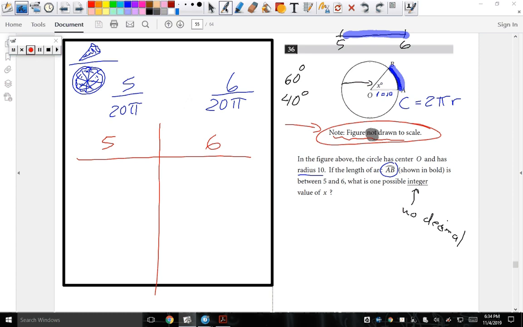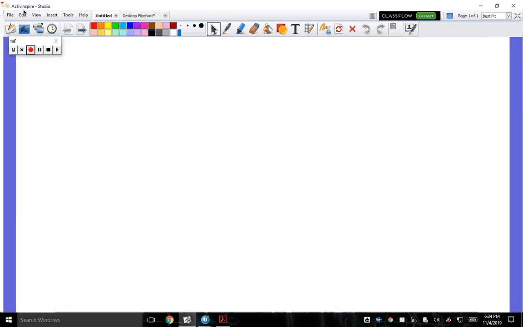Okay? So what I want to do now is go to the calculator, and we're going to figure out what this looks like as far as degrees. So here we go. Let's go to the calculator first.